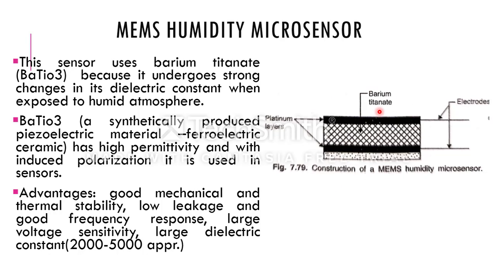We already know capacitance C is equal to epsilon R A by D. So depending on the change in the thickness and the change in the permittivity of the material, we can measure the change in capacitance and indirectly measure the humidity. Go through the slides again and understand.